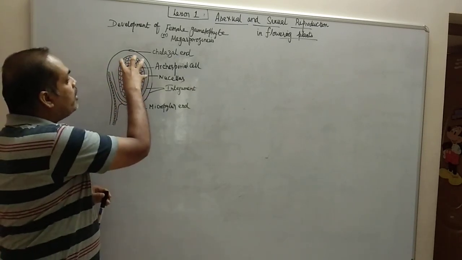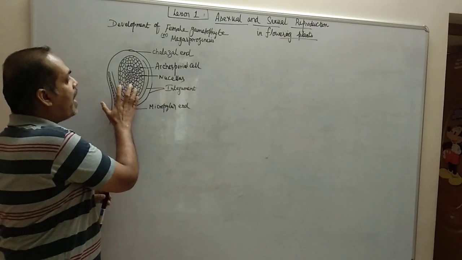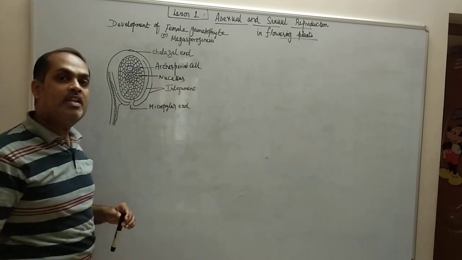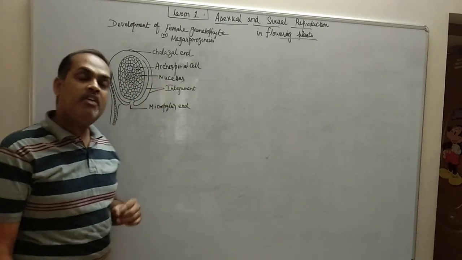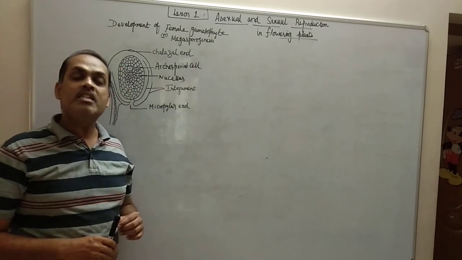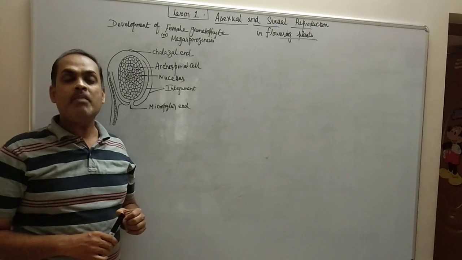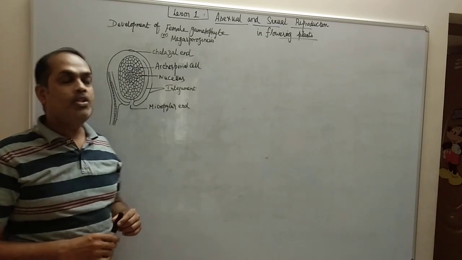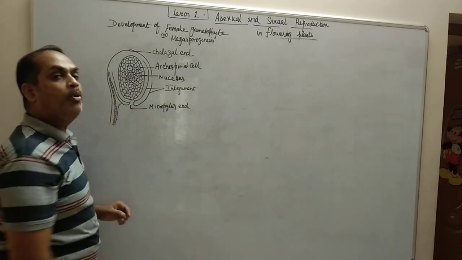Now, here you are able to see a mass of parenchymatous cells called the nucellus. During the development of megasporogenesis, one of the nucellar cells will increase in size with dense cytoplasm and a prominent nucleus. You call this an archesporial cell.